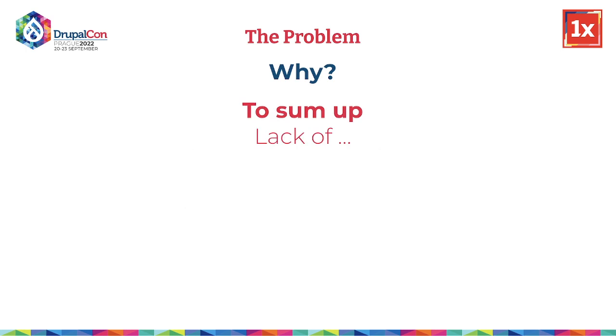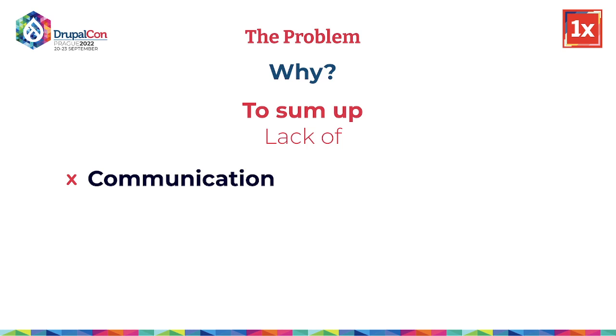So to sum up, the problem is a lack of communication, and the timing in the communication especially. So it's important that you are able to raise your hand when something is not clear on the development side, or to check the latest changes at the very moment that they are done.